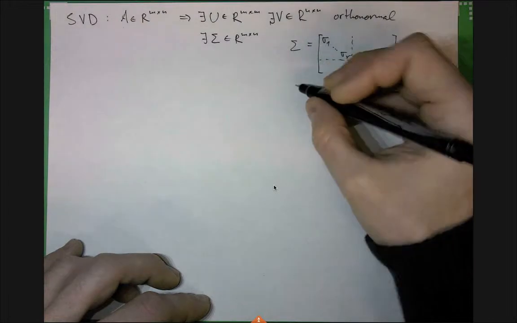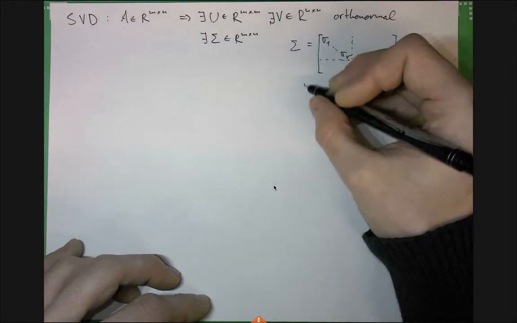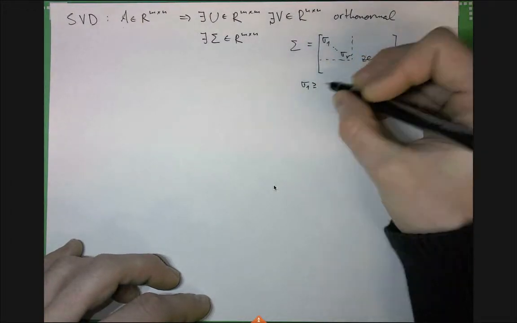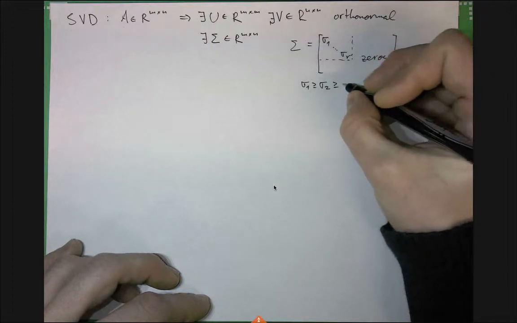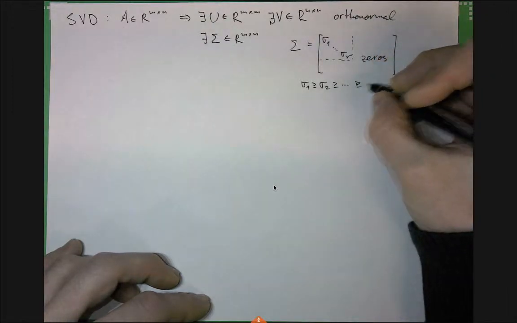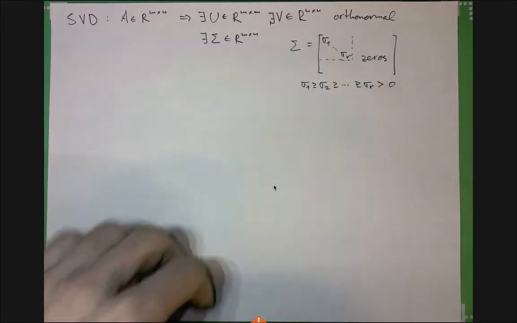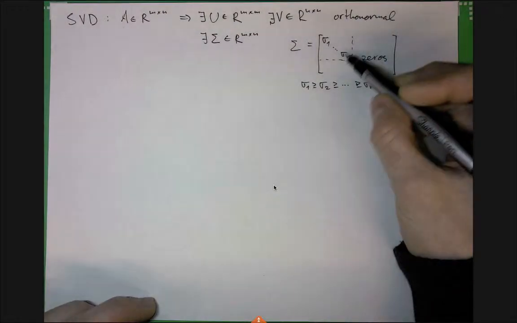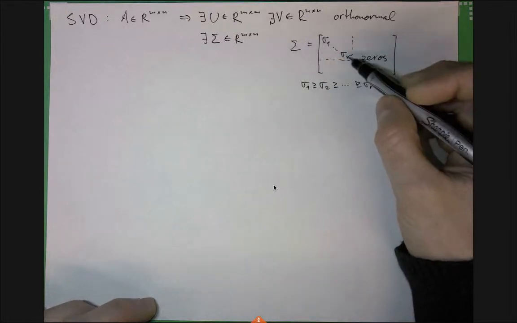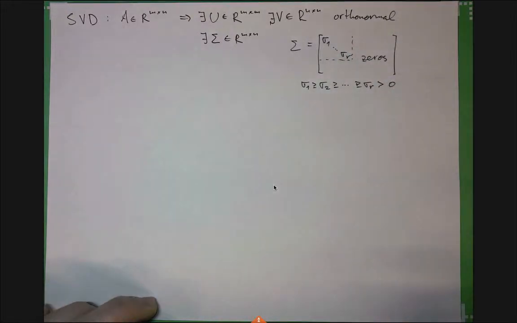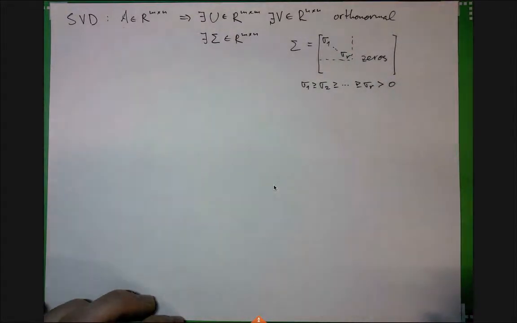And moreover, we can always find the SVD such that sigma 1 is the largest and sigma r is the smallest, and even sigma r is strictly greater than 0. Otherwise I could truncate it earlier, right? So sigma r is the last one that's non-zero.